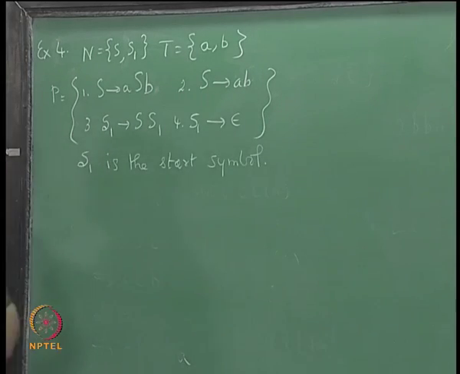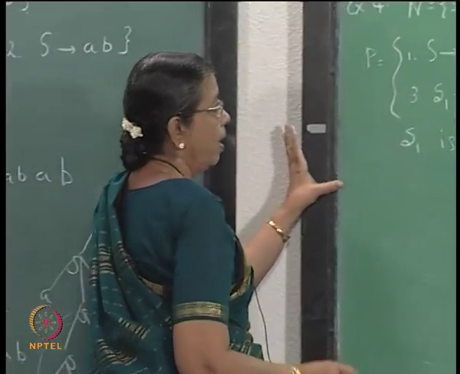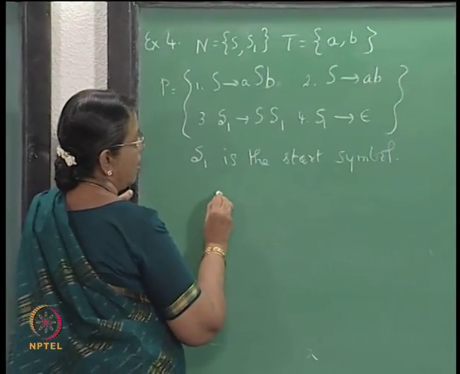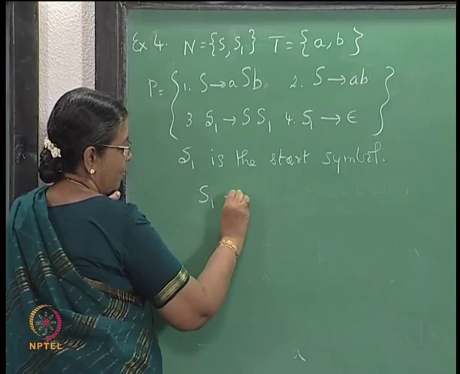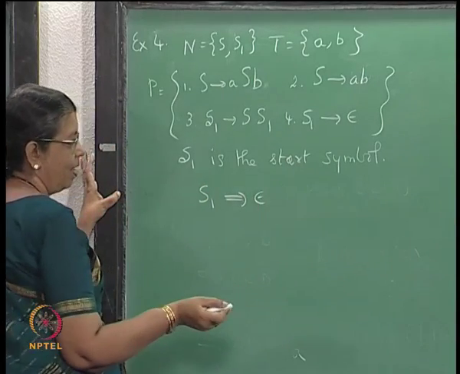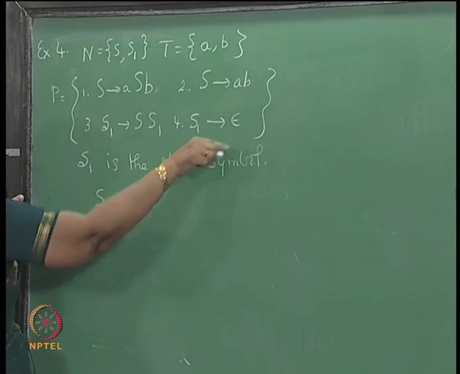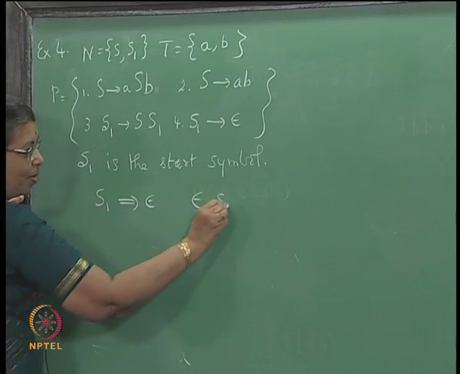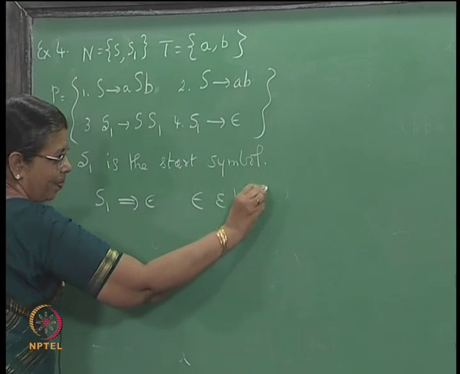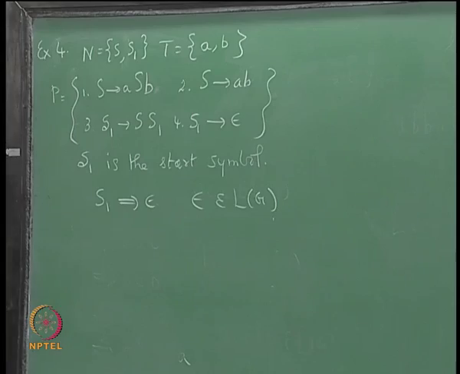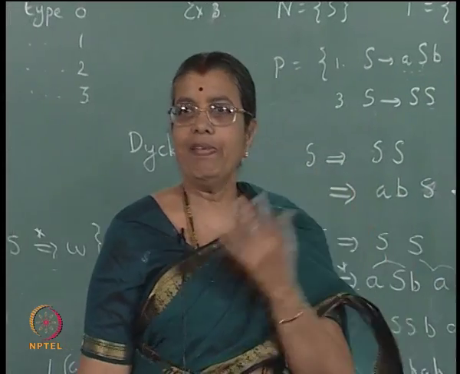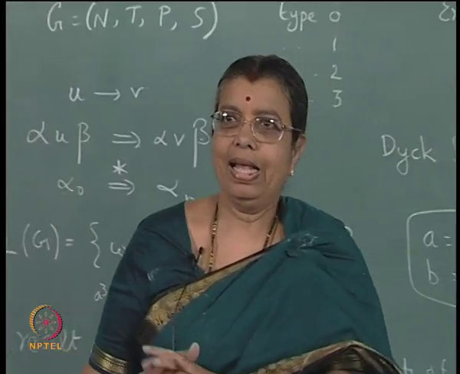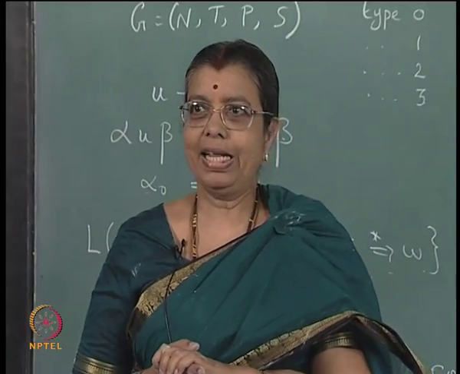What sort of strings can be derived in this grammar? Now, you can have S1 derives epsilon, right, you can use this alone. So, epsilon belongs to LG. In the previous 3 examples, the language did not generate the empty string.